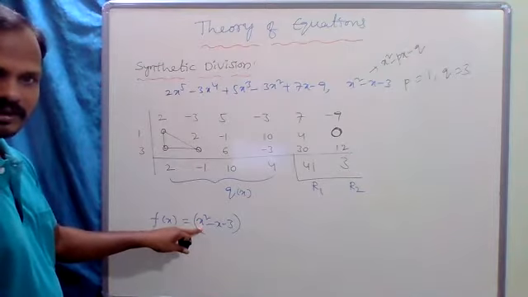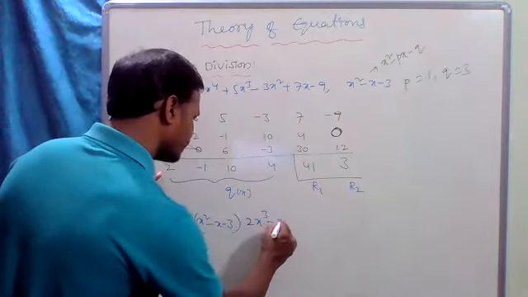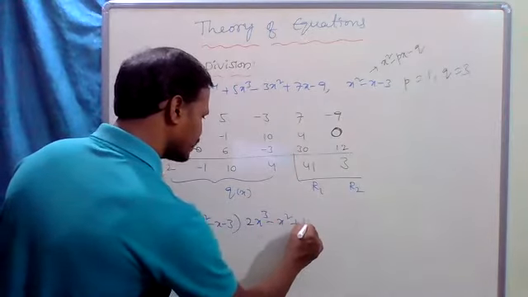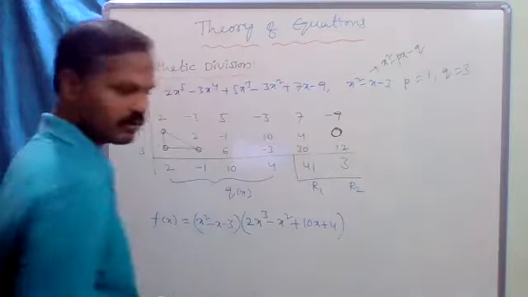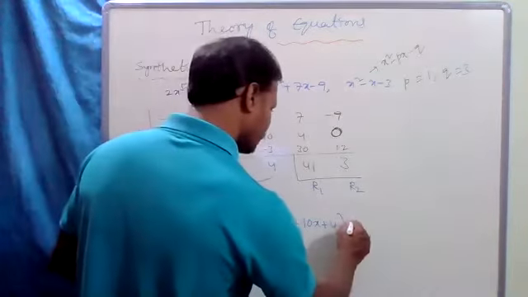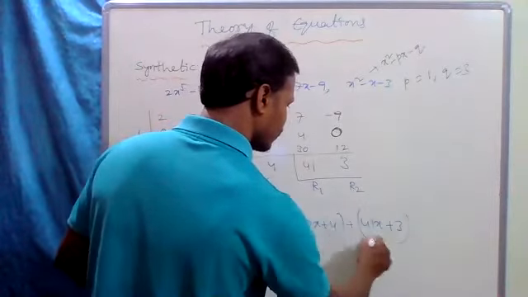The remaining is 3. That is a cubic equation: 2x cube minus x square plus 10x plus 4.